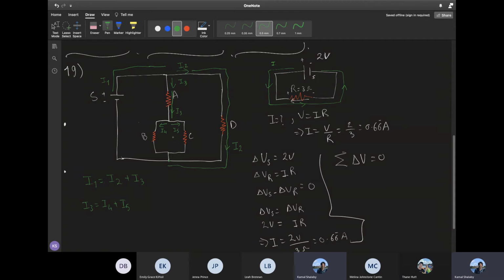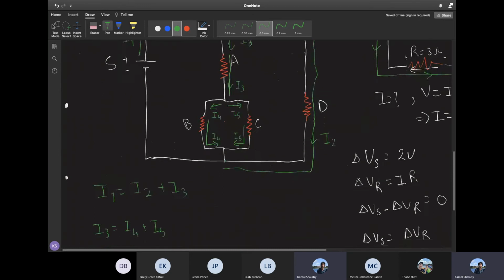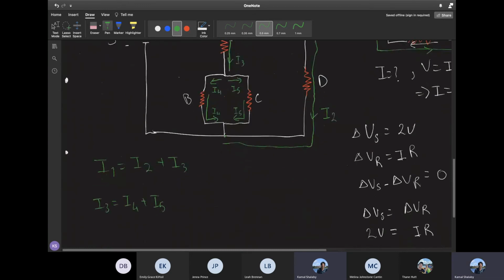Yep, that makes sense. Okay. So now I4 keeps going down to here. This is I4. Same thing for I5. Once they meet here at this point, what would be the total current?